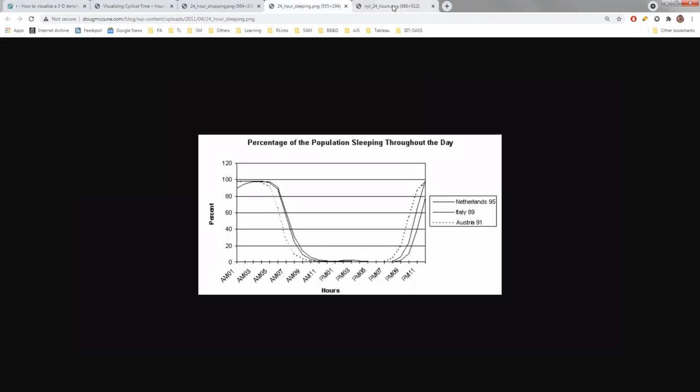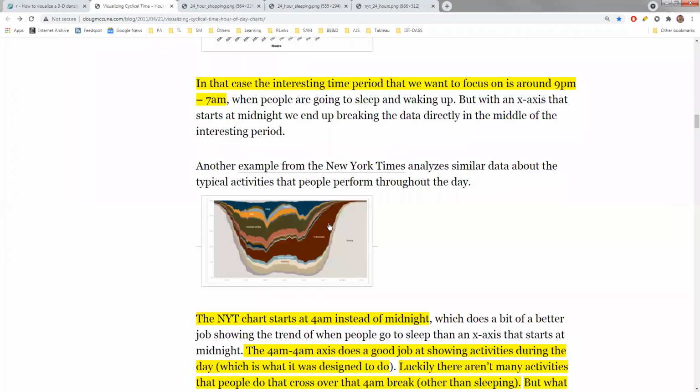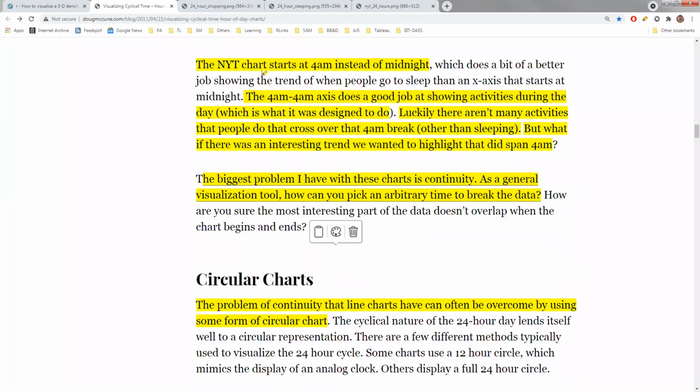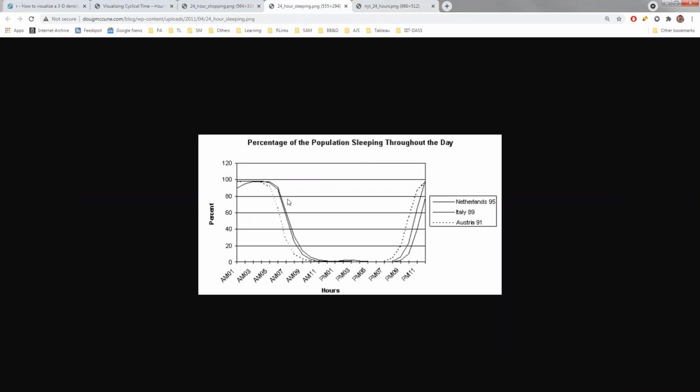And because of that, for whatever cyclical data, we don't know what axis is better for what type of analysis. We are able to get the apprehension that 4 a.m. to 4 a.m. is good for the sleeping pattern, because we know that most people stay asleep in that period.